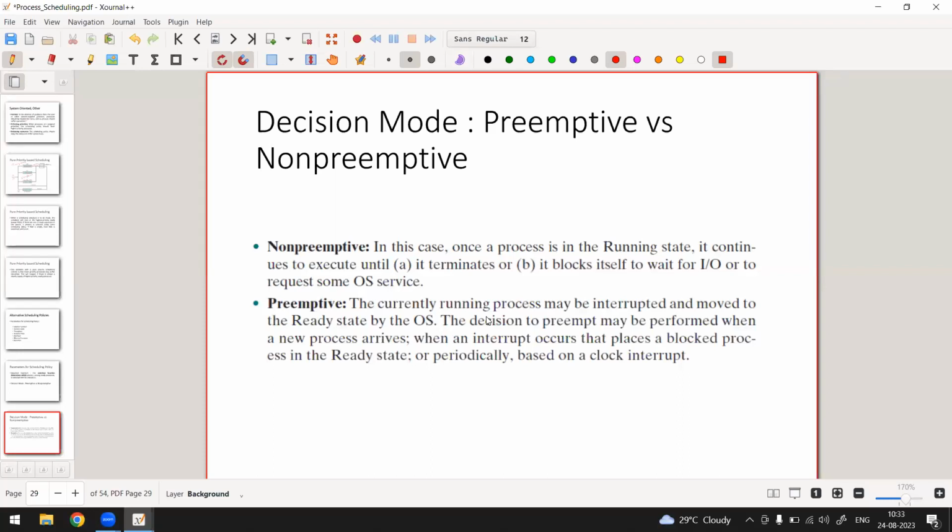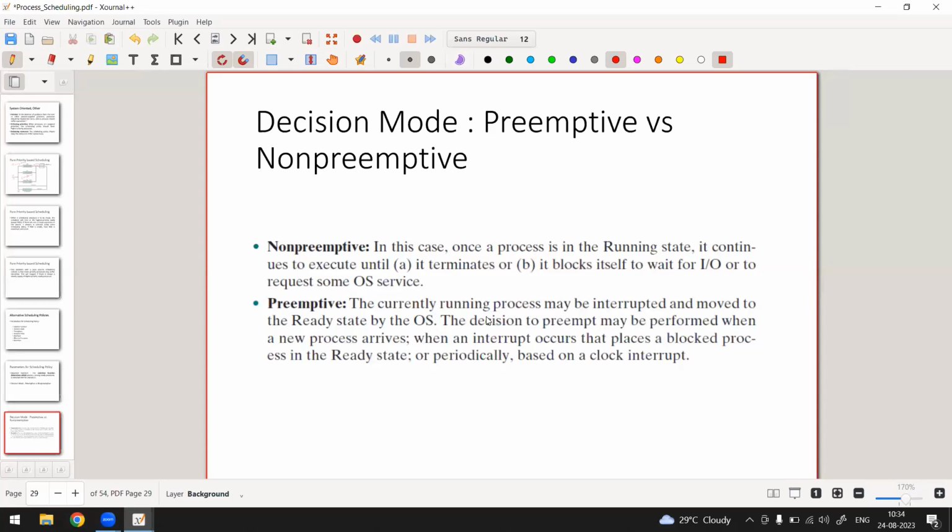It means that you cannot stop executing it from outside. So once the process starts, it will not switch until either it terminates or it requires some IO. It means it itself goes into the blocked state. So that is the non-preemptive mode.